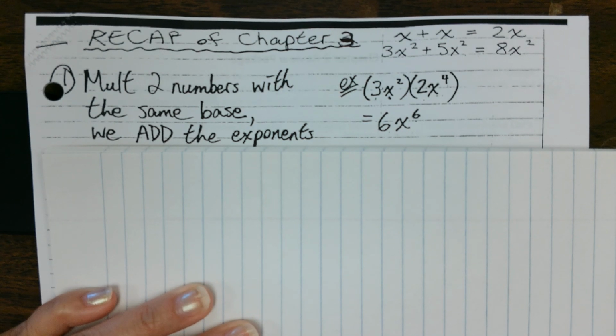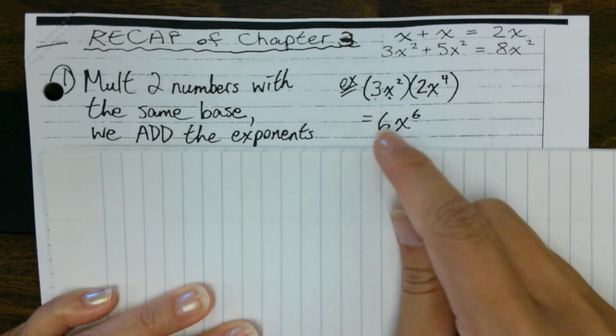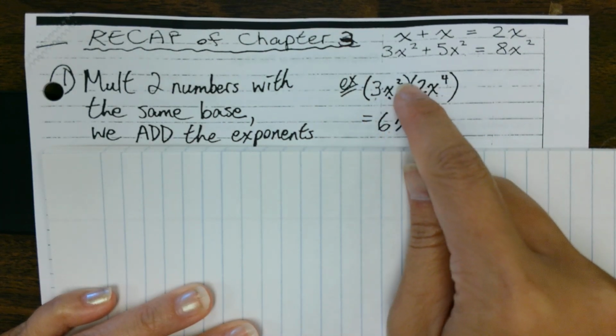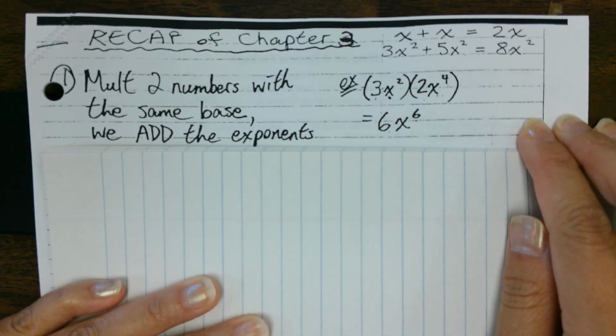When you multiply two numbers with the same base, we add the exponents. And notice right here, the 3 and the 2, the coefficient, you still multiply it, but it's the exponent that we're talking about, where you add.